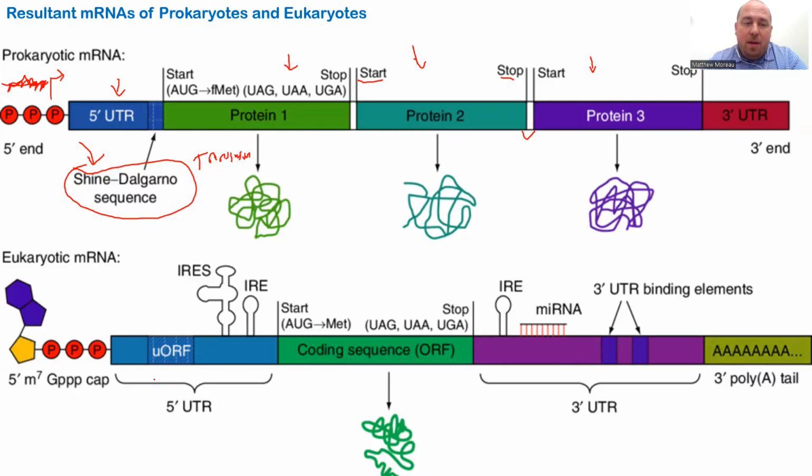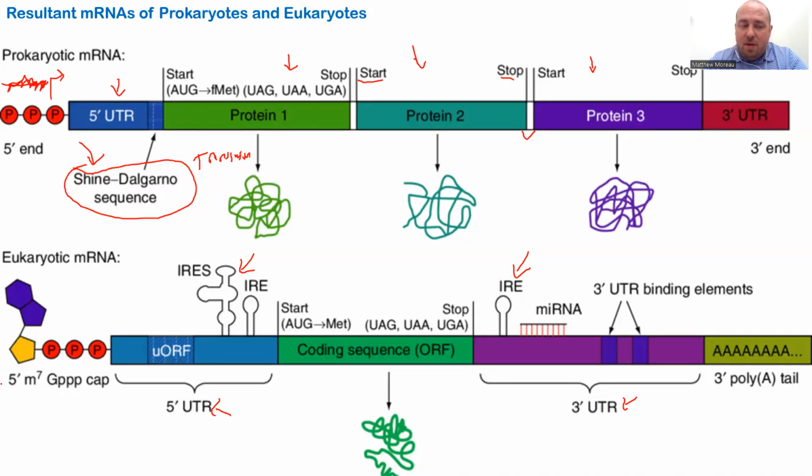Eukaryotic mRNA, again, has much larger 5' and 3' untranslated regions. The 5' and 3' untranslated regions have these very elegant and very elaborate secondary structures, which are really important for translation and mRNA stability purposes.